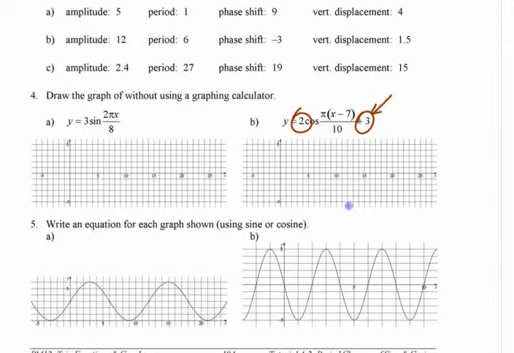If this is shifted up by 3, put a dotted line across at 3 here to use as the center line. And then, whoops, I got it on the disappearing ink. And then go up and down from there. So if you've got that as your middle line, you're going 2 up and 2 down from there.